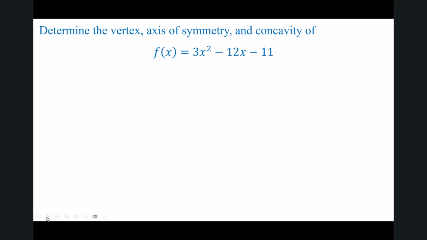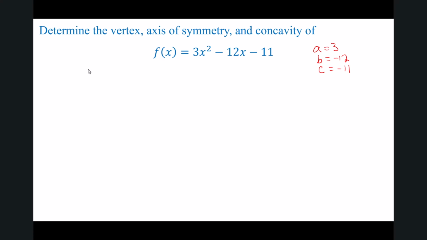Let's find the vertex, axis of symmetry, and concavity of f of x equals 3x squared minus 12x minus 11. In this case, a is 3, b is negative 12, and c is negative 11.